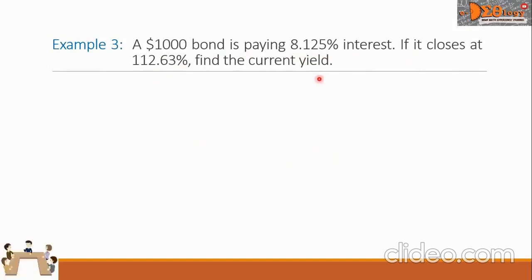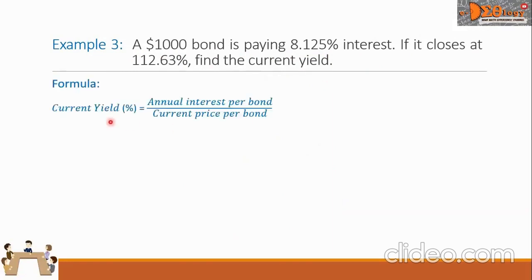This time, we will compute for the current yield. First, let us write the formula for the current yield, and this is to be expressed in percent. And this is equal to the fraction, where the numerator is the annual interest per bond, over the denominator, which is the current price per bond.